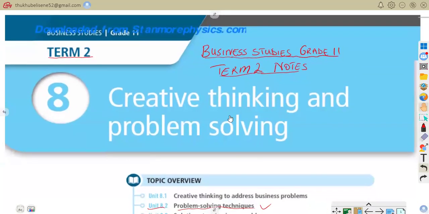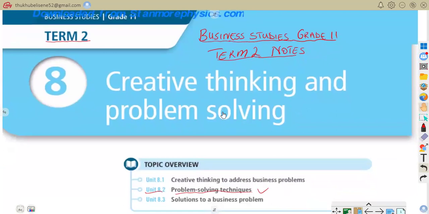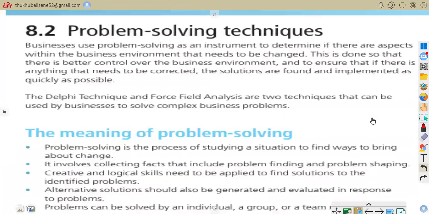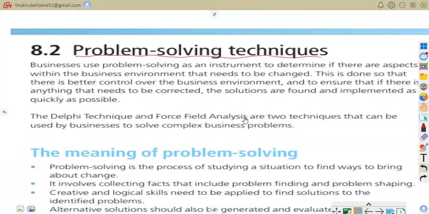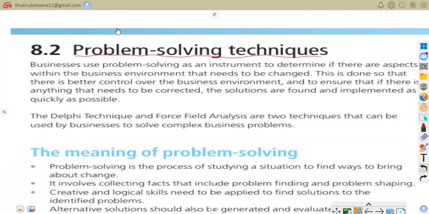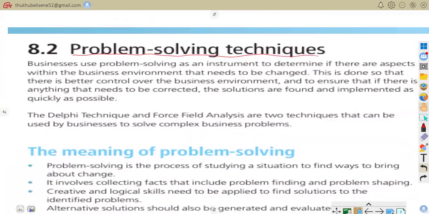So let's quickly go to problem solving techniques. As it says, business use problem solving techniques as an instrument to determine if there are aspects within the business environment that need to be changed.